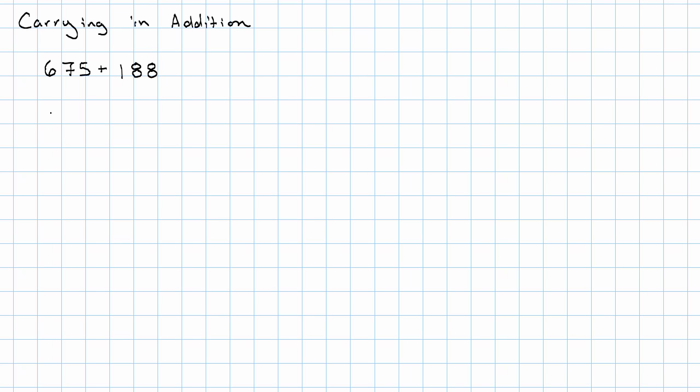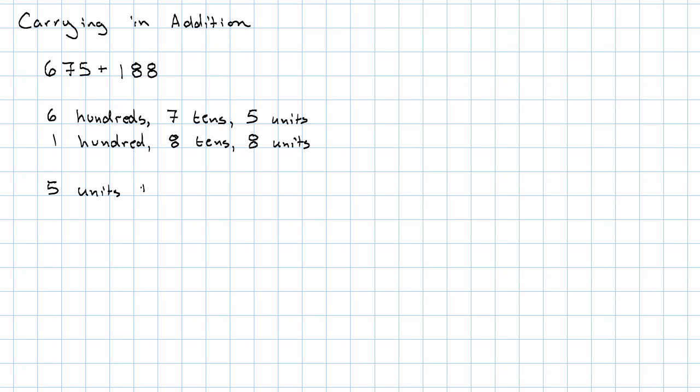Well, again, 675, that's 6 hundreds, 7 tens, and 5 units. 188, that's 1 hundred, 8 tens, and 8 units. So this time I'm going to start with the units, and there's a reason. 5 units plus 8 units is 13 units.